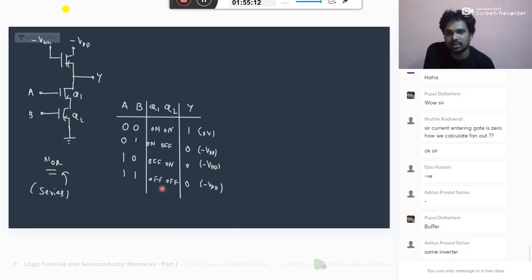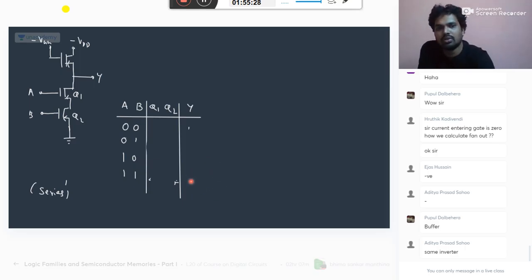Now, in this circuit, there is a difference. It will not be a NOR gate now. Let me prove it. If the input is 0, it is 0 volts, and it is off. For 1, it will be on. Negative logic we are speaking.